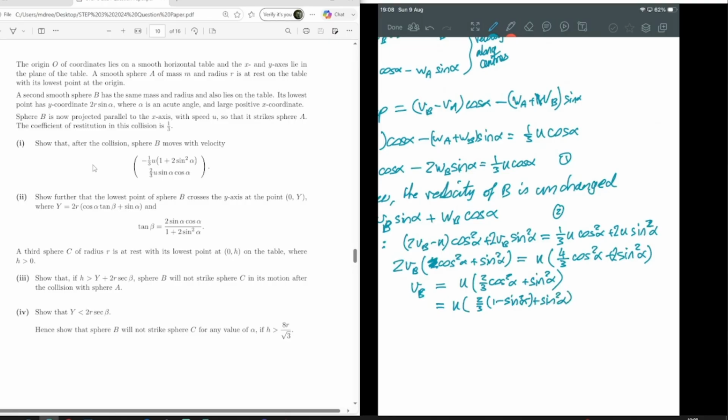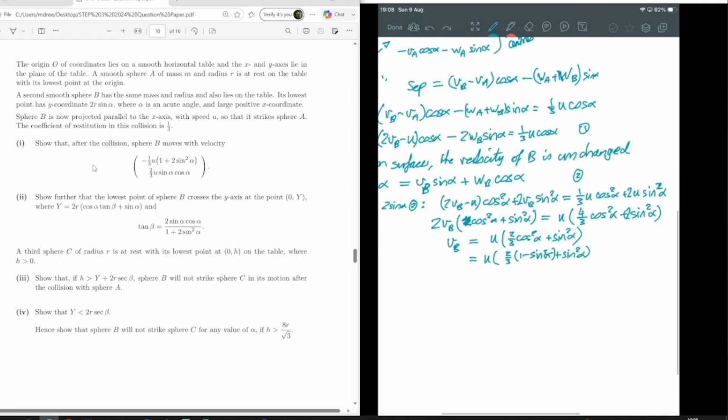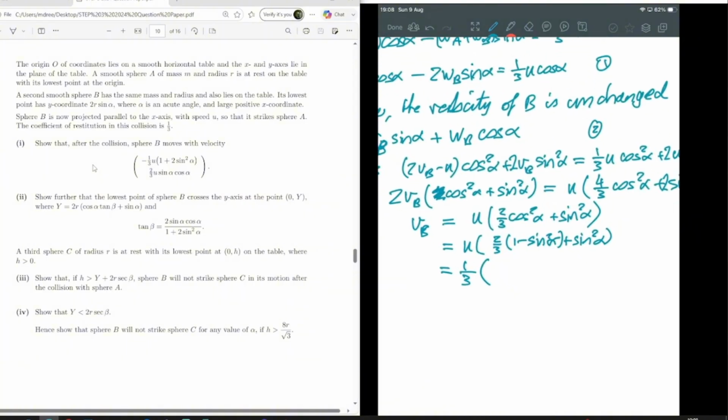I'm expecting a negative 1/3 to come out, but I'm not, because my VB I've got pointing to the left, so I'm going to have the exact opposite sign here. So this is going to be 1/3 lots of, except I've got, this is a third u, I've got is 2 plus sine squared, rather than 1 plus 2 sine squared.